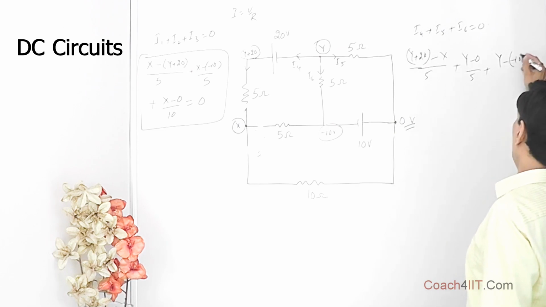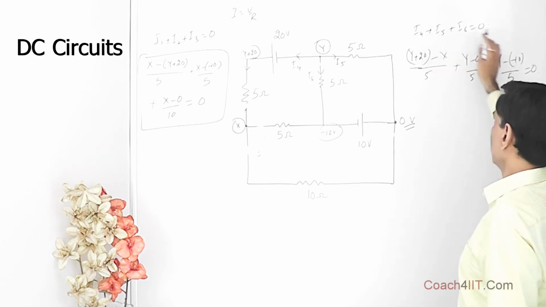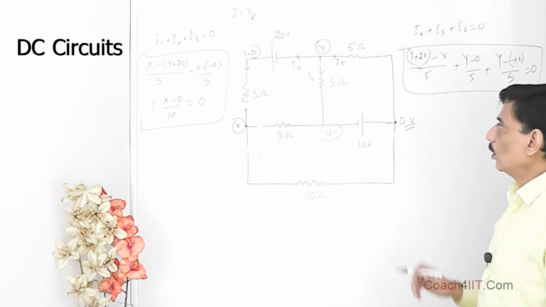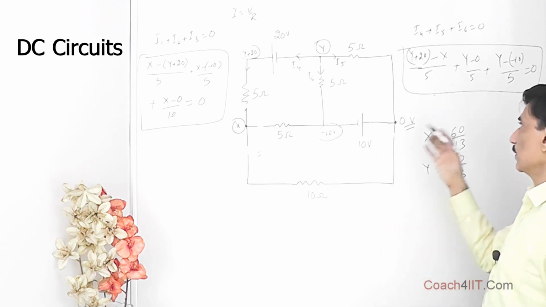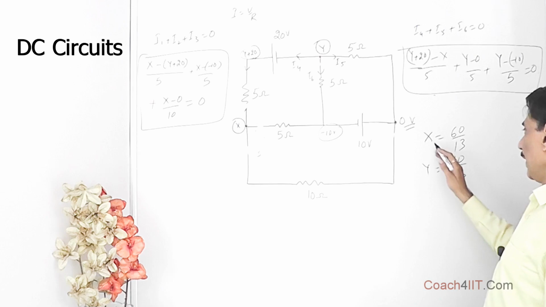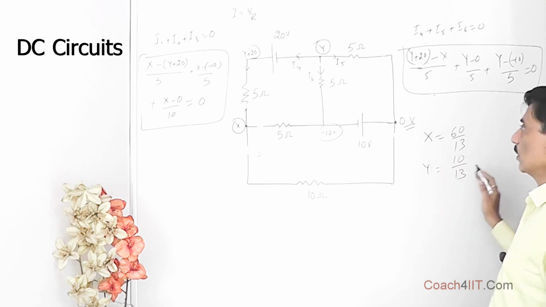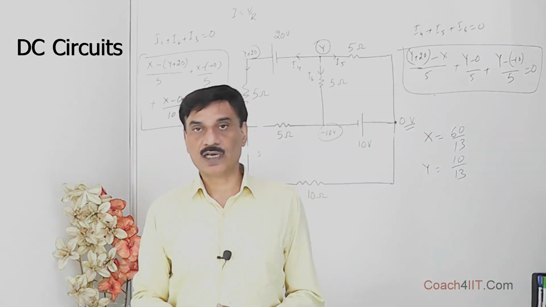So (Y minus minus 10) upon 5, and the sum is equal to 0, because I4 plus I5 plus I6 is equal to 0. This is the other equation. We can solve these two equations to get the values of X and Y. When we solve them, X comes out to be 60 by 13 volt and Y comes out to be 10 by 13 volt. Then it is easy to find the value of current in the various arms of this circuit.